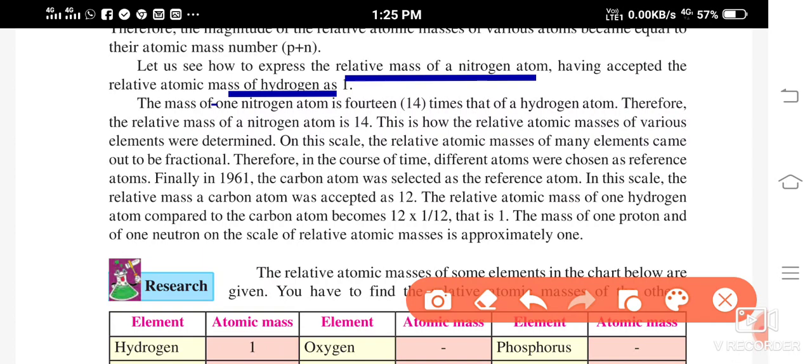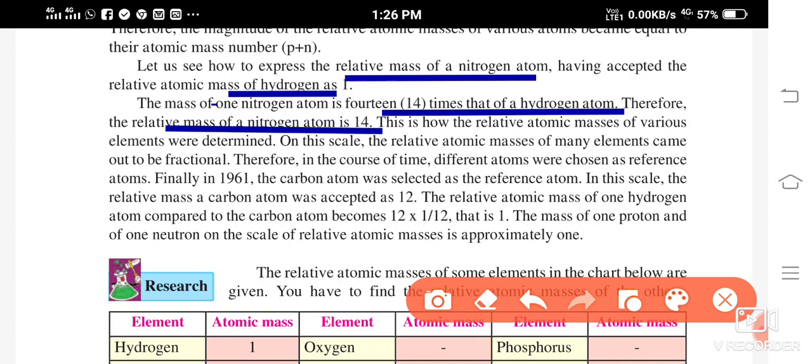The mass of one nitrogen atom is 14 times that of a hydrogen atom. So the mass of a nitrogen atom is 14 times more than hydrogen. Therefore, the relative mass of nitrogen is considered as 14.